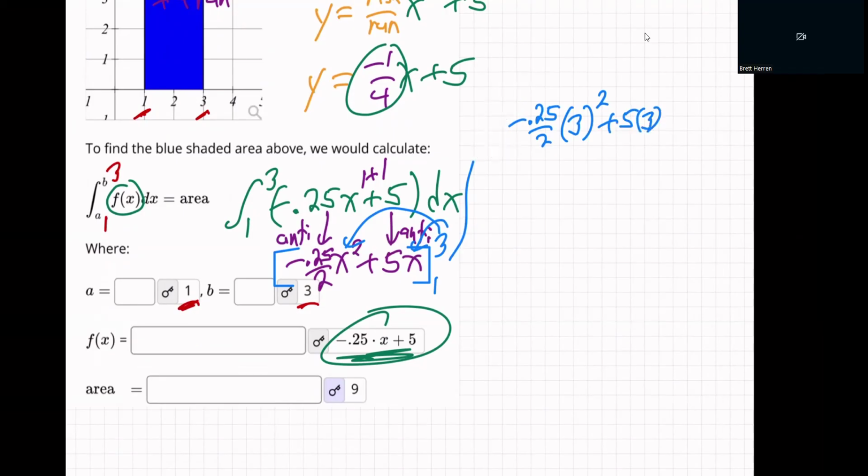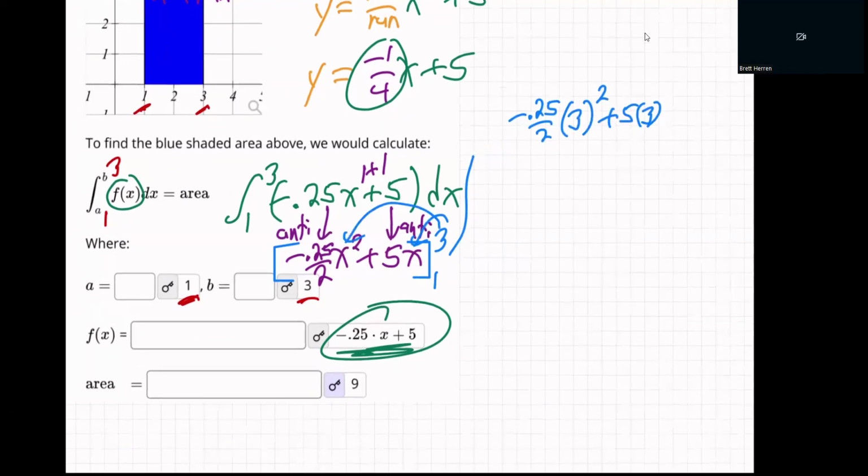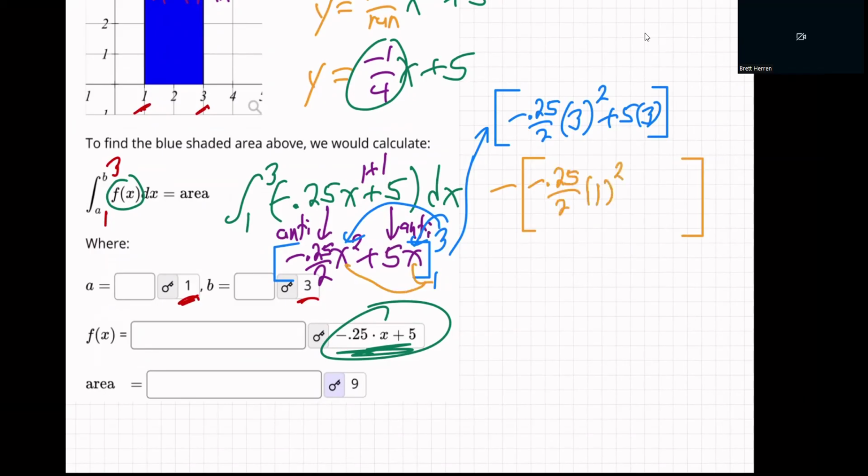I'll make these brackets just so it's more clear. And then minus, and then another bracket. And now we're going to plug in the 1 there and there. So it'll be minus 0.25 over 2, 1 squared plus 5 times 1.